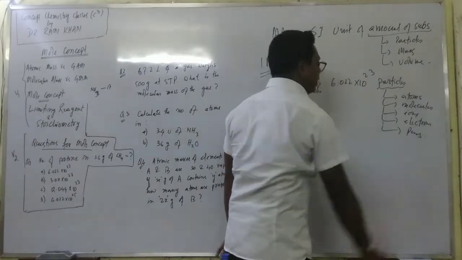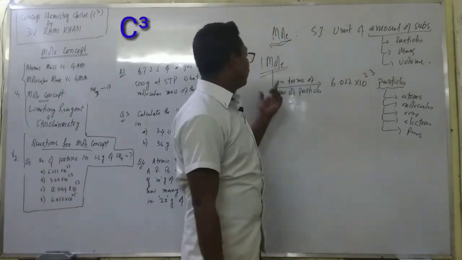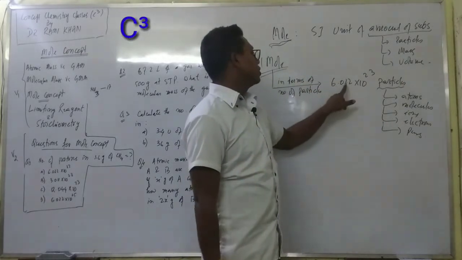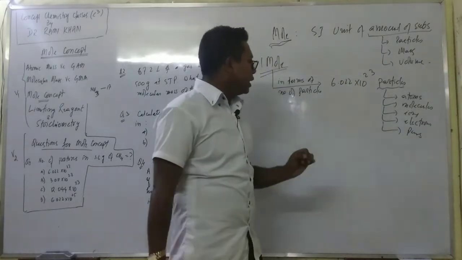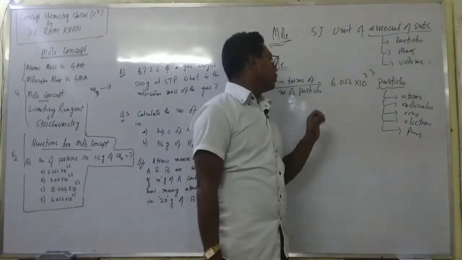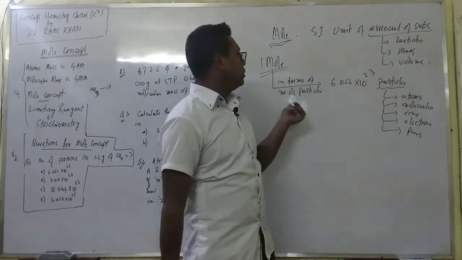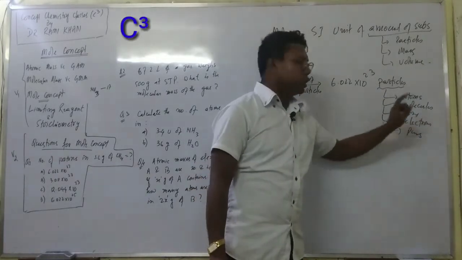We can say any countable things. 1 mole of, for example, sodium is equal to 6.022 into 10 to the power 23 sodium atoms. And if we say 1 mole of water, since water is a molecule, then 1 mole of water will be equal to 6.022 into 10 to the power 23 molecules.